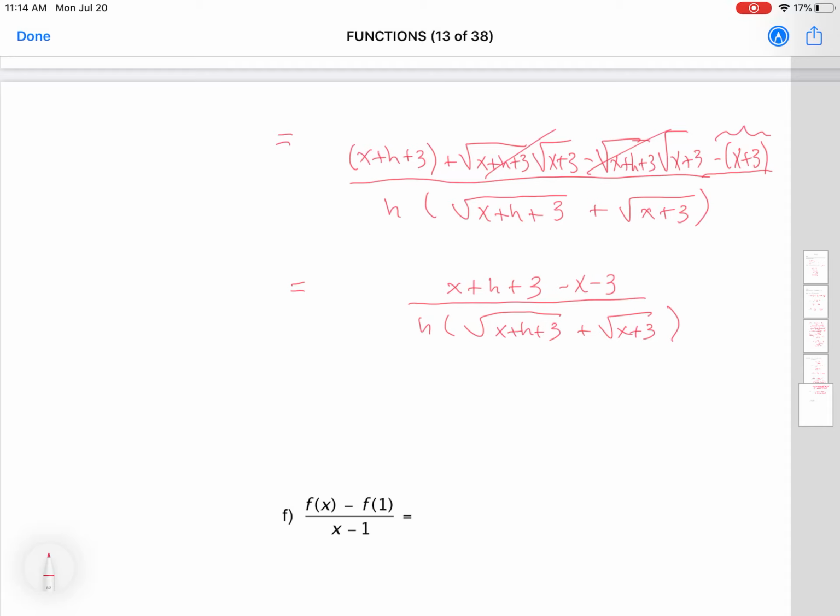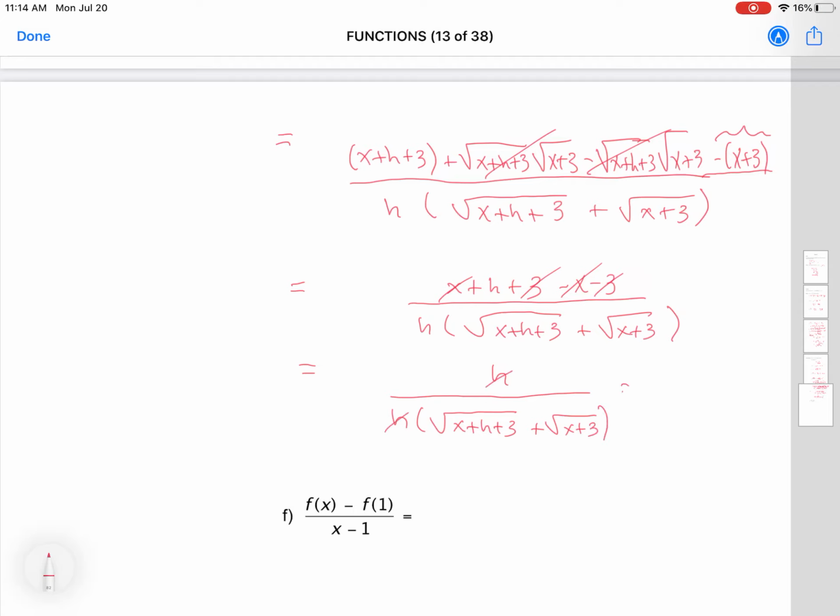So you can see that doing this conjugate thingy will allow me one extra cancellation. Here in the numerator, plus x minus x plus 3 minus 3, as you can see, I am left with h over h bracket with the rest of the denominator. Ha!